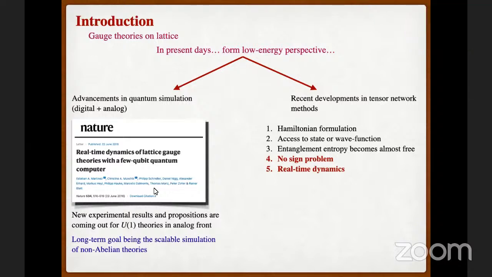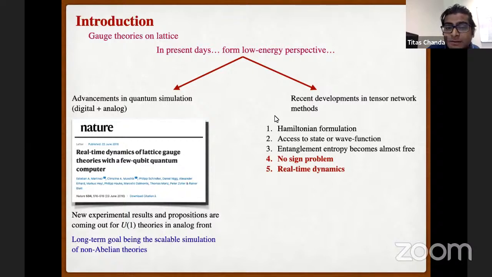Now there is another reason why we are interested, as condensed matter physicists, in these theories, because of the recent developments in tensor network methods. These tensor network methods have been very successfully used in condensed matter systems, and they have various advantages over standard quantum Monte Carlo. For example, they can work in the Hamiltonian formulation, so that we have access to a state or wave function.